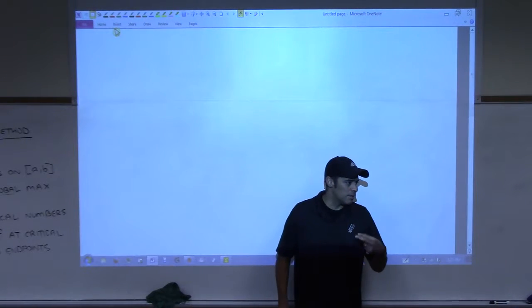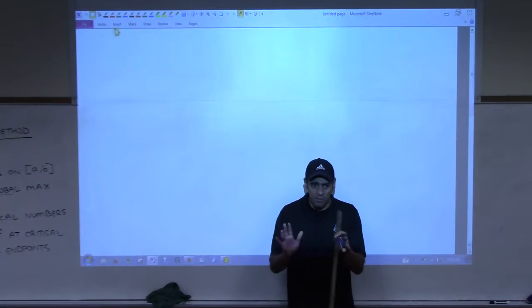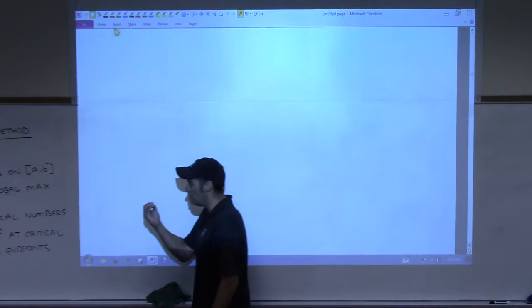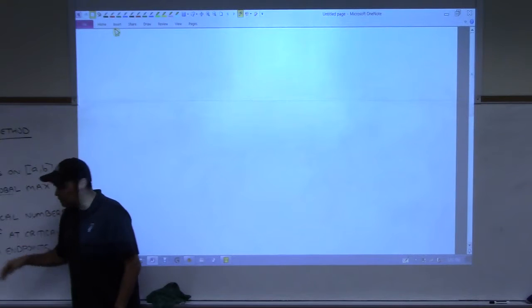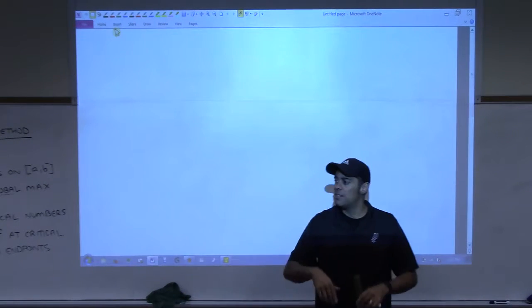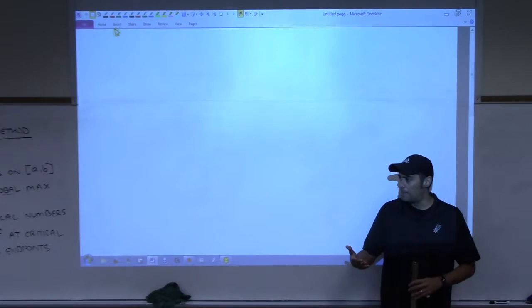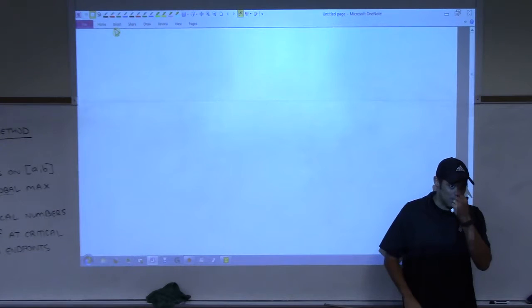And that would be at points where the derivative doesn't exist. All right? Once we find all the values where that happens, we just take those numbers and we plug them into the original function, and we also plug the endpoints into the original function. The biggest value that comes out is our absolute maximum. The smallest that comes out is our absolute minimum.